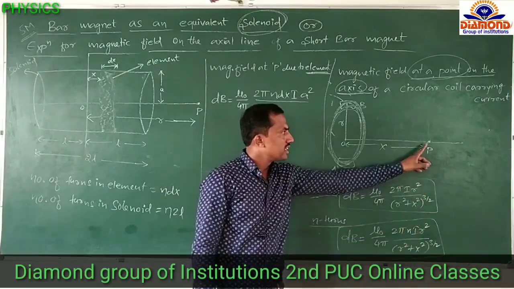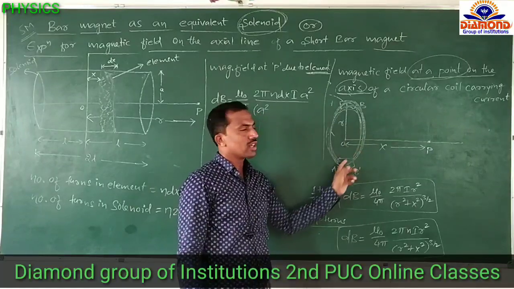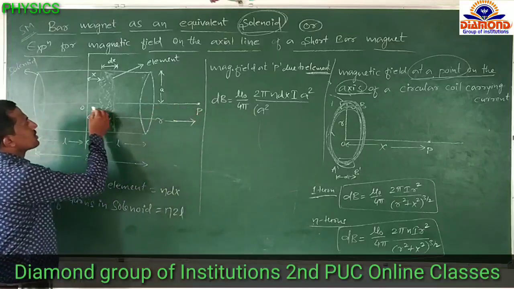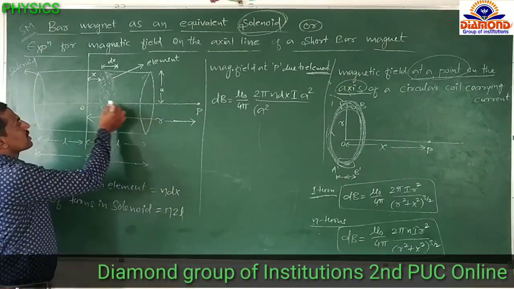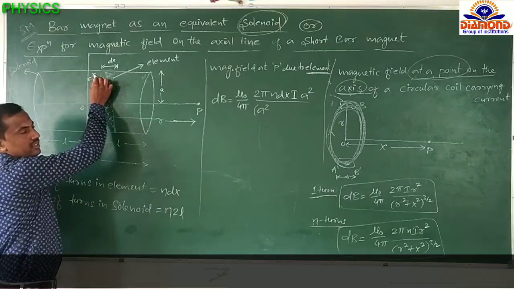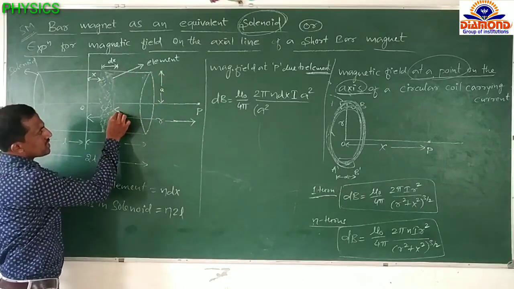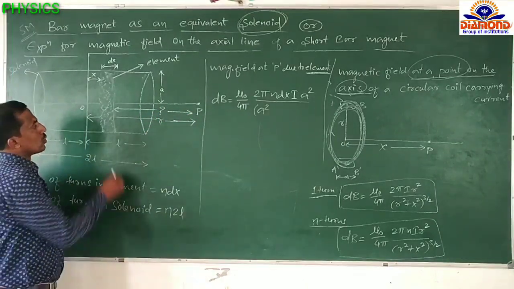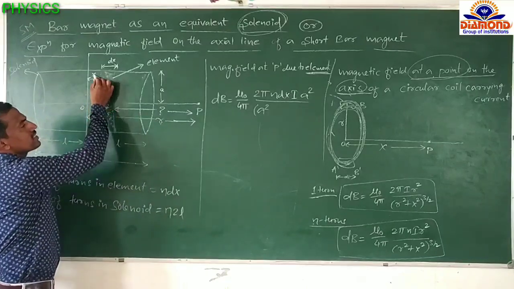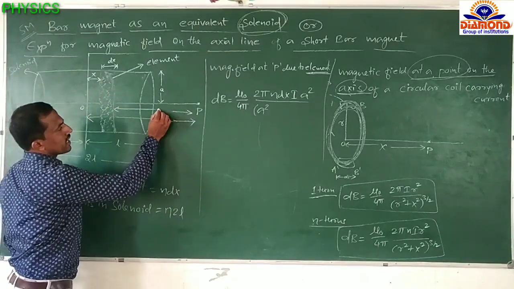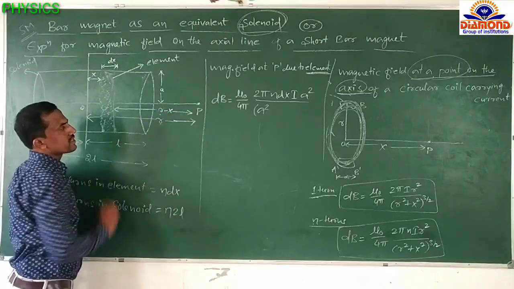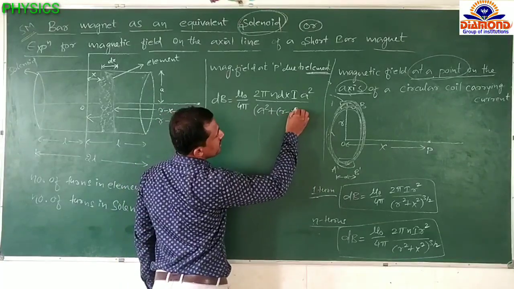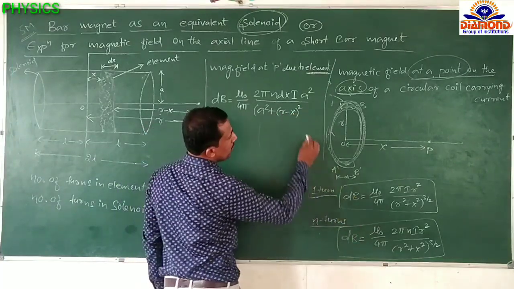What is X? The distance from the point to the center of the coil. But in this case, the distance from the point to the center of the coil is R, and the distance from the center to the element is X. But we are discussing the element, so what is the distance from the element to the point? The total distance is R, this distance is X, so the remaining distance is R minus X. We write plus (R minus X) square, whole power 3 by 2.